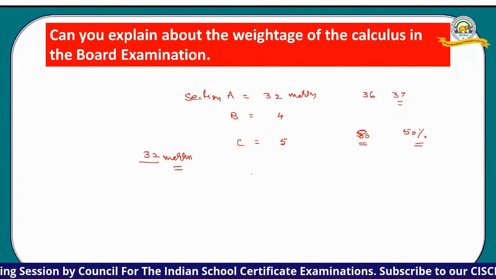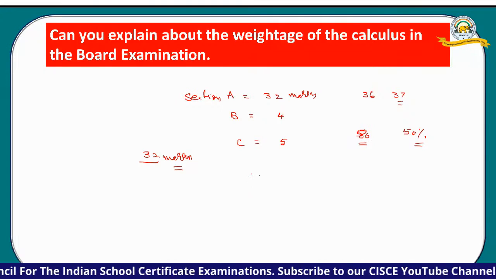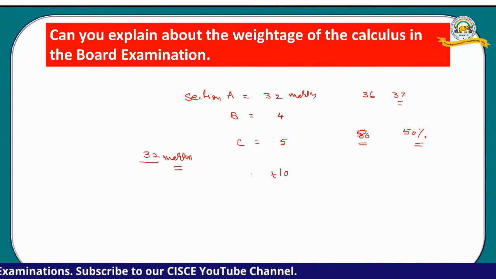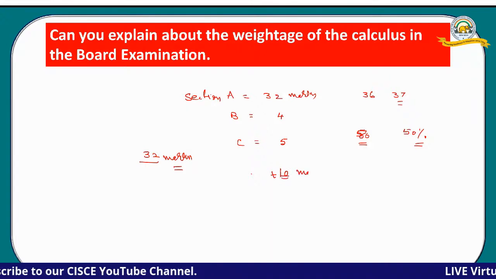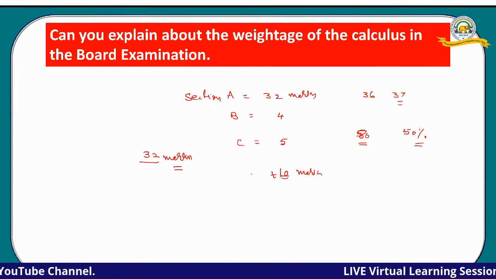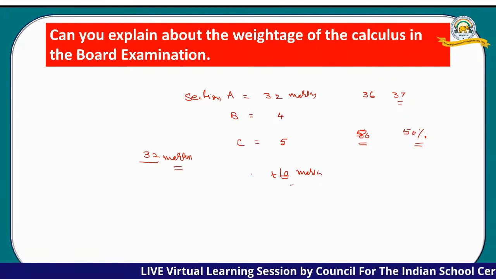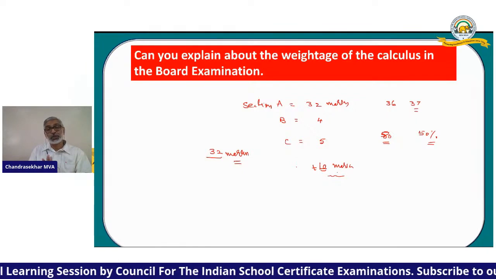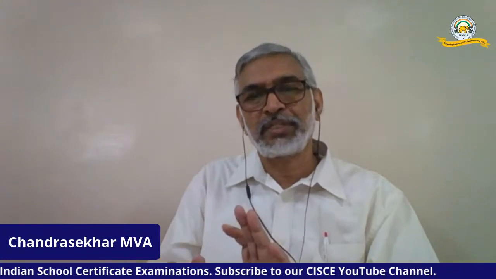These three concepts may cover about 10 marks weightage, plus or minus 1, 2 or 3. Is it clear? I hope this gives total clarity about the weightage of calculus in the board examination.